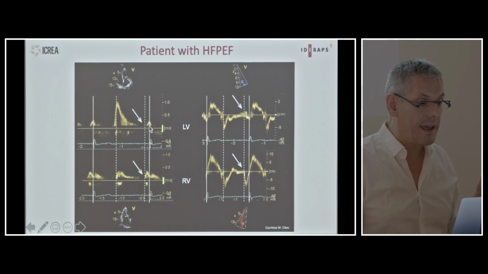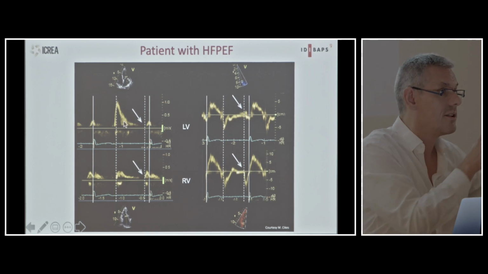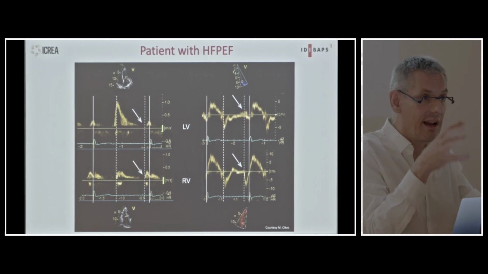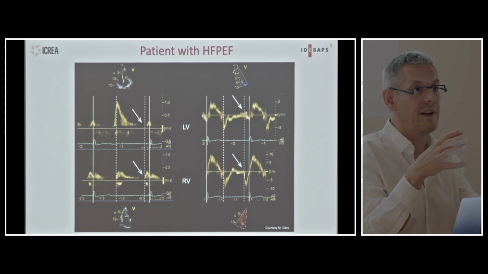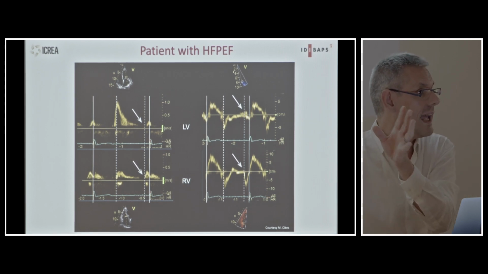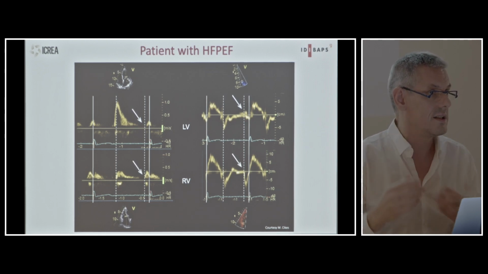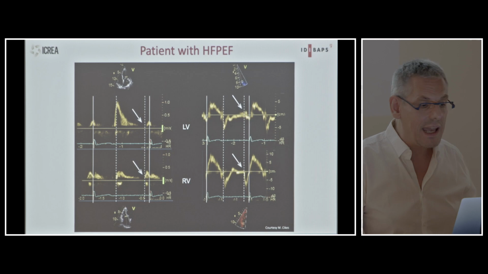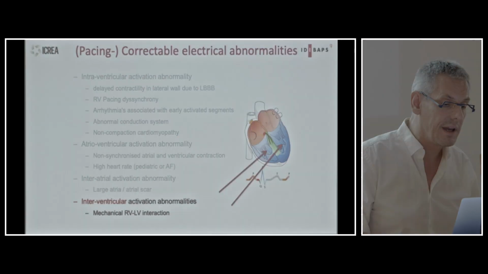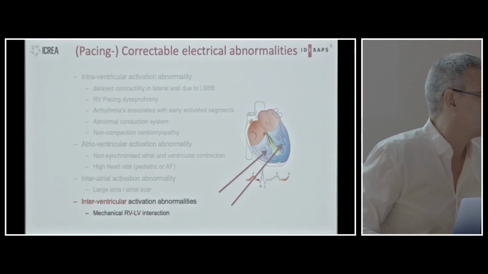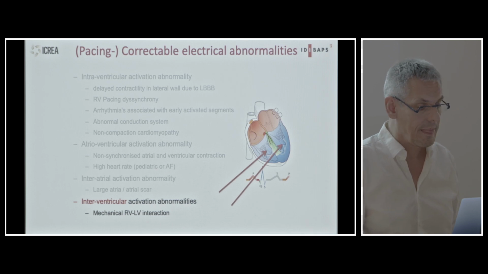So if that patient is slightly restrictive, doesn't fill properly in the beginning, relies on atrial contraction for filling, and then you have an interatrial delay, making the ventricle close the mitral valve too early, then you will see that there's a potential problem. People are playing a little bit and trying to pace this, but this is still a very gray area whether this would work.